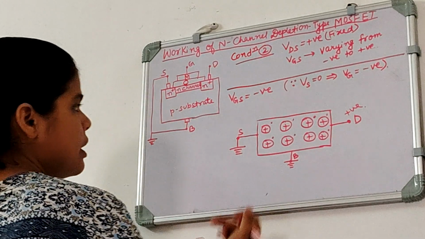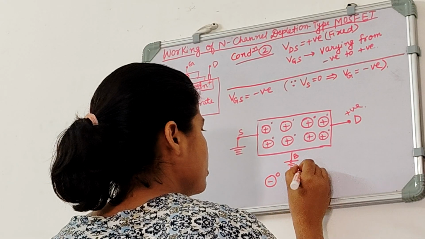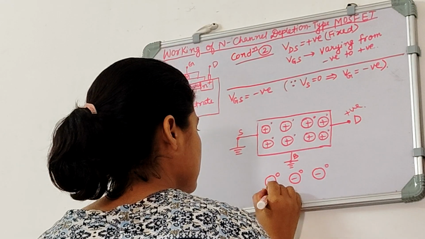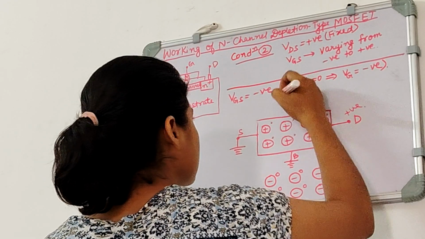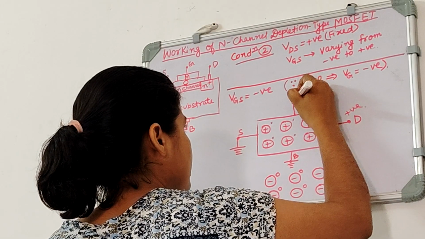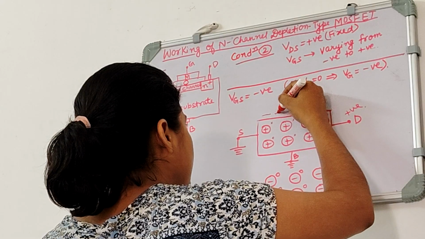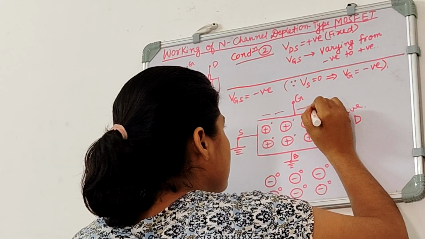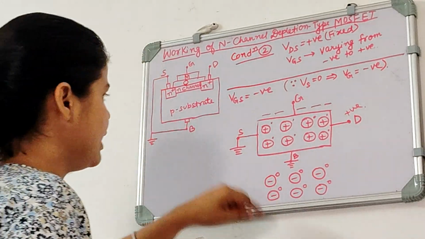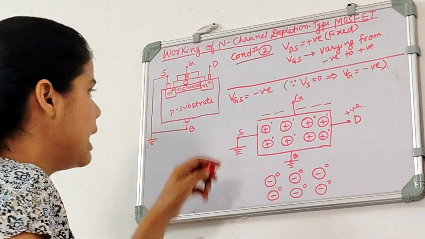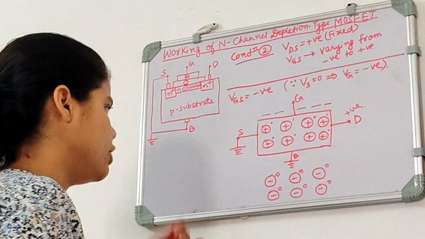P substrate means it will have negative ions paired with holes. And here we will have our gate terminal, and at the gate we are applying negative voltage, so this minus sign indicates that negative voltage.